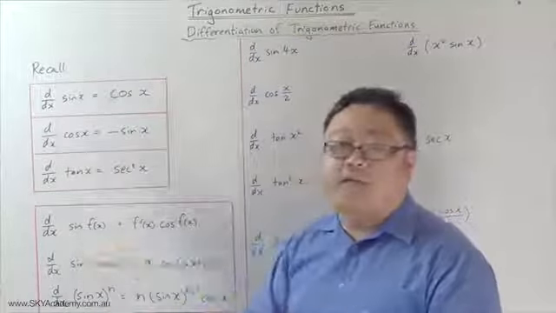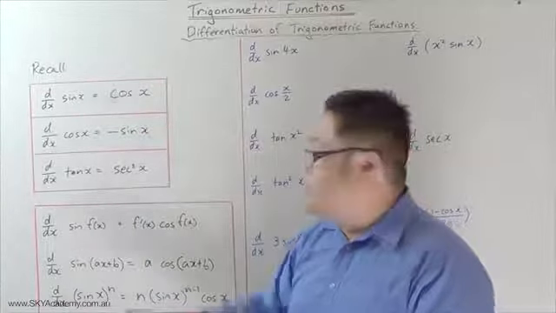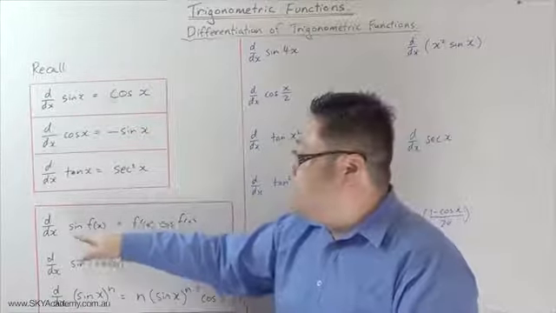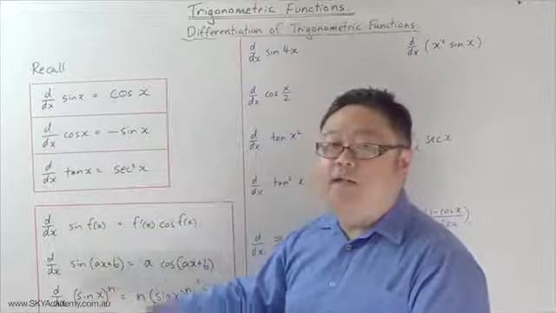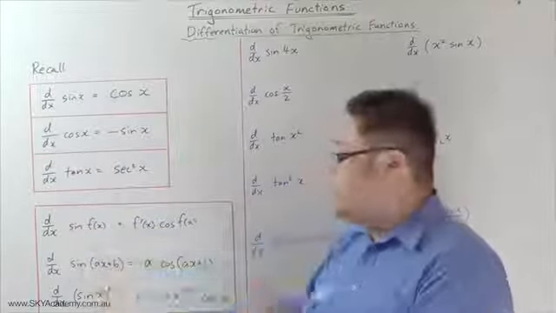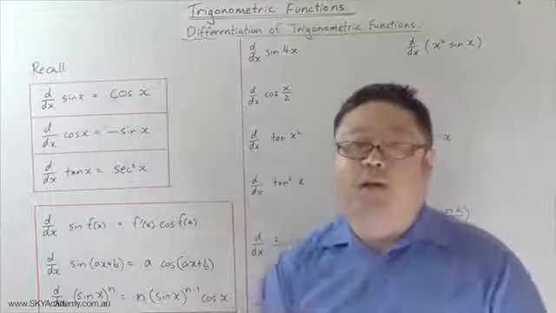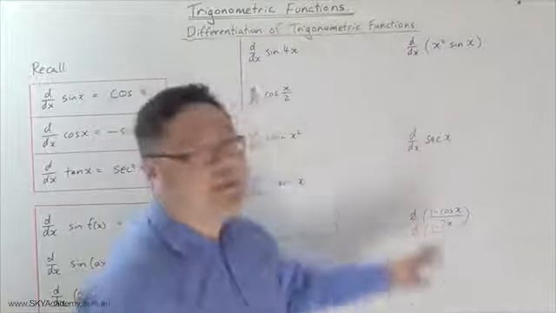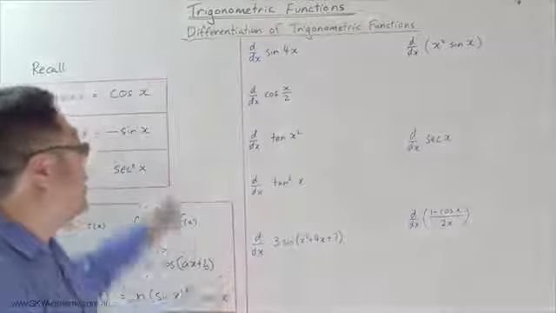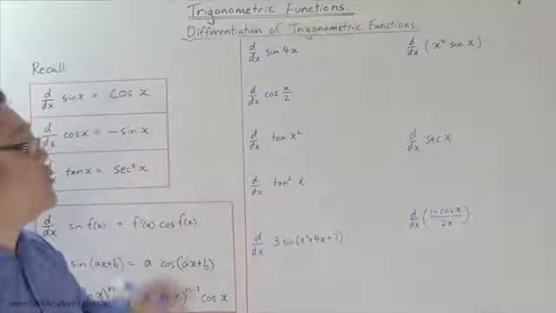Don't feel like this applies to sine only. It also applies to cosine and tangent. Let's look at some examples, and I'll be referring to the tables as we go.